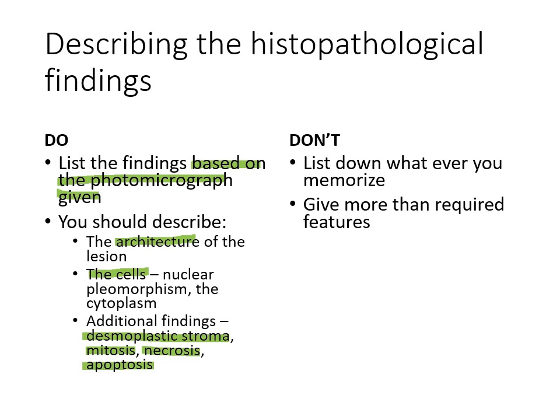This is also the same with describing the gross features. If you give more than what is required, usually they will take the first ones. It means if the question asks for, let's say, three features, and you list four, the fourth one won't be counted even though it is true.